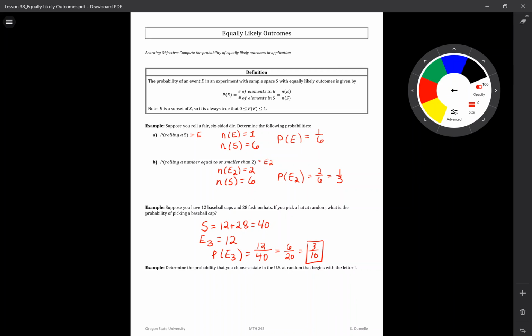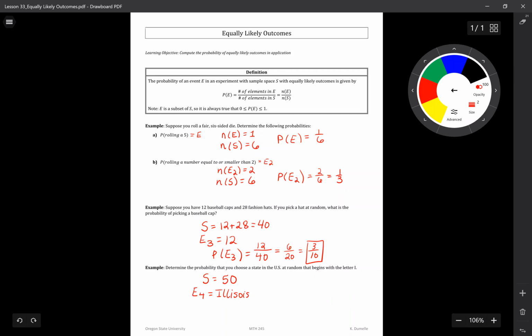And finally, we want to determine the probability that I choose a state in the US at random that begins with the letter I. My sample space is the number of states, right? So I have 50 states. And my event here is that my state starts with the letter I. So let's see, how many states start with the letter I? Illinois.